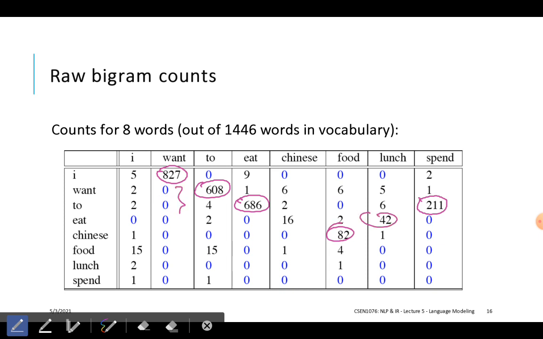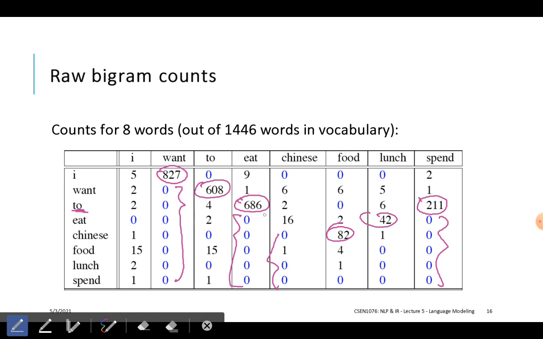And you have so many bigrams that do not have any probability at all, the bigrams that are associated with 0. So here, for example, you will never find the word "to" appearing after "I", and you will never find the word "want" appearing after "to want". You don't find it in the language.